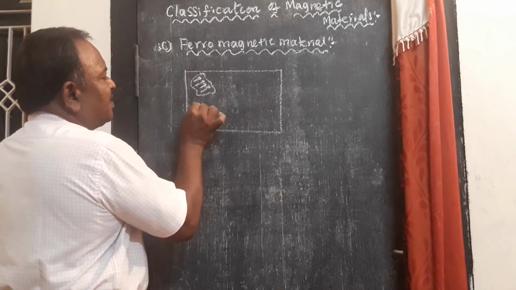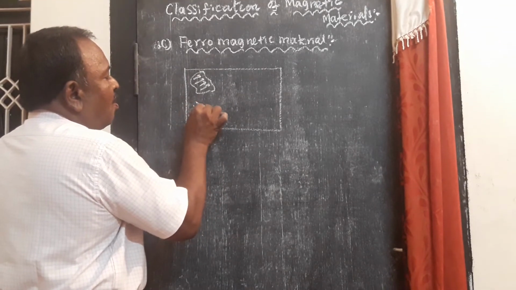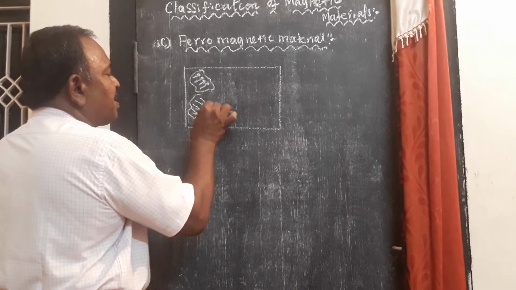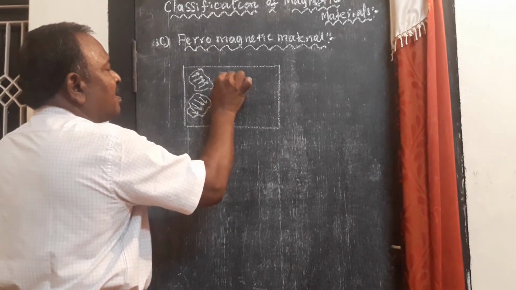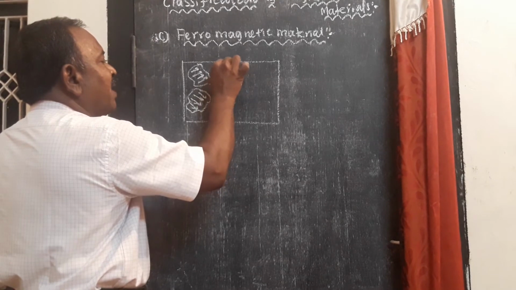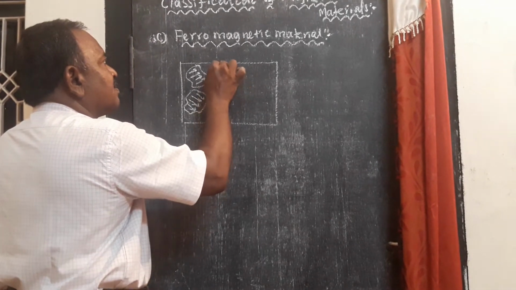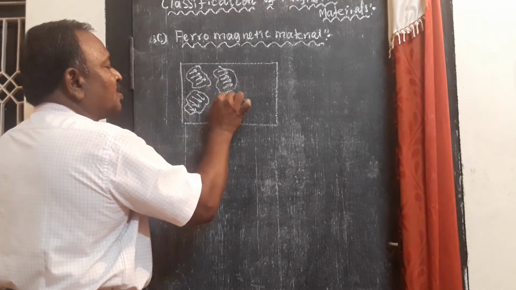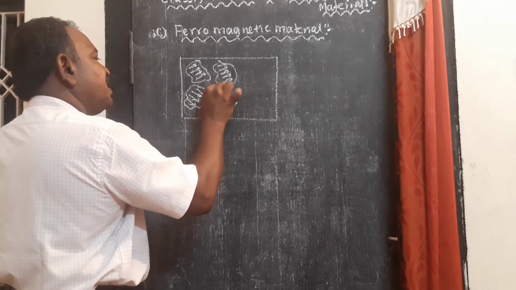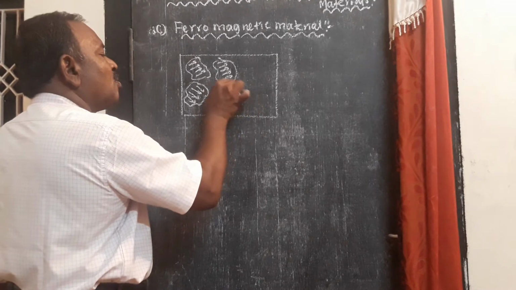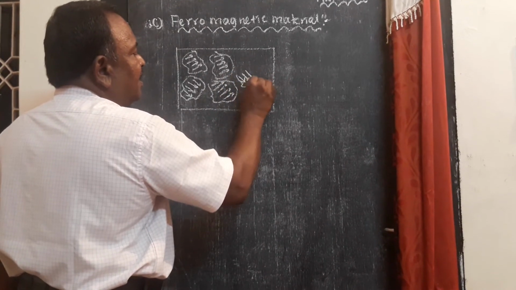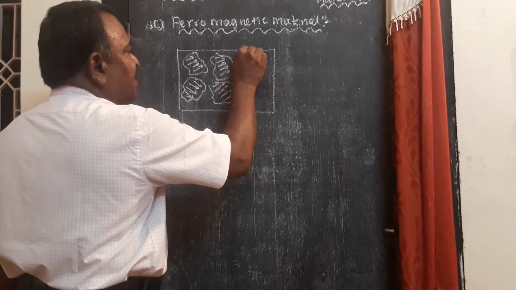This region is called a domain. So in a ferromagnetic domain, all the magnetic moments align themselves in the same direction.